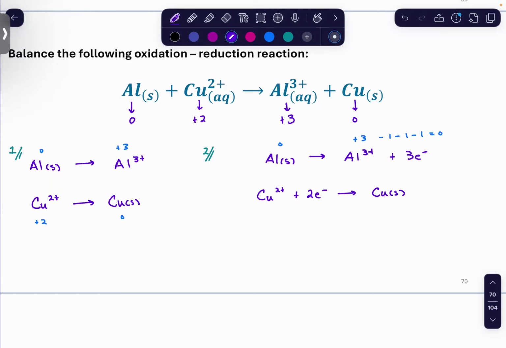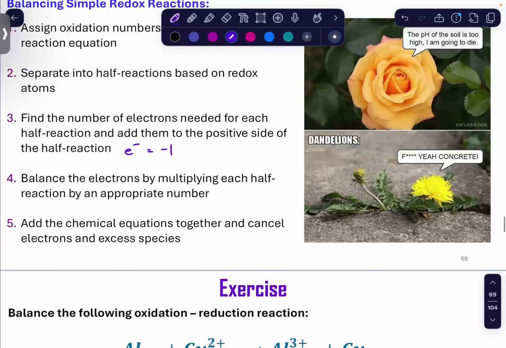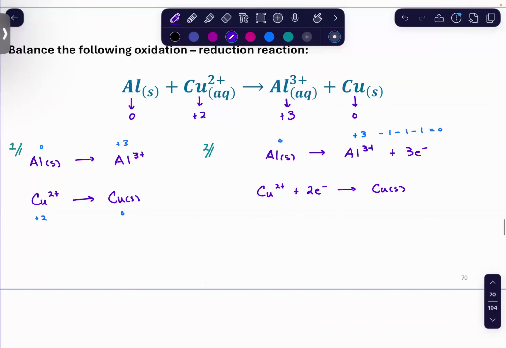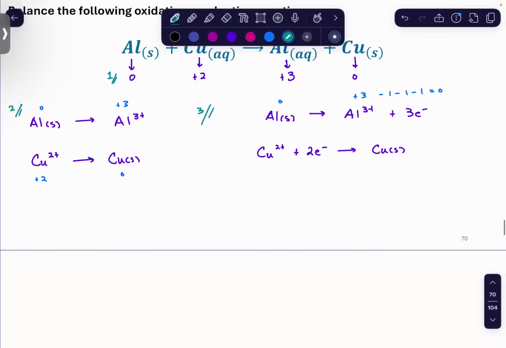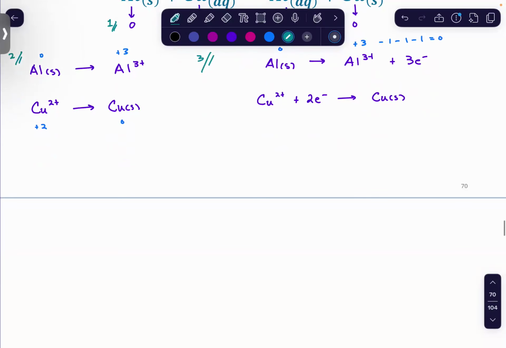Let's see here. Separating half reactions. Oh, okay. So this one was, oh, I'm just off a number. So step 1 was oxidation numbers, step 2, step 3. Now we're ready for step 4, which we need to make these balance, the same number of electrons.